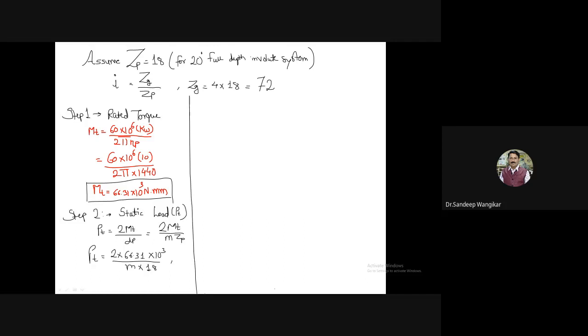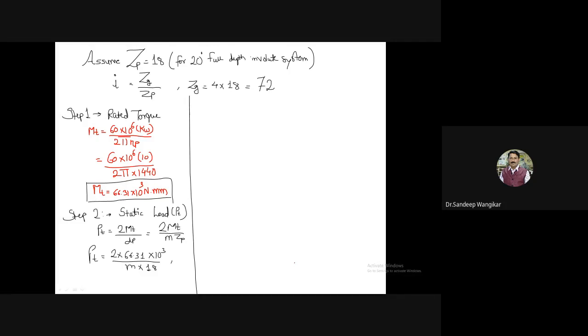So I will write down PT is equal to something divided by module. You will get it as 7368 divided by module.